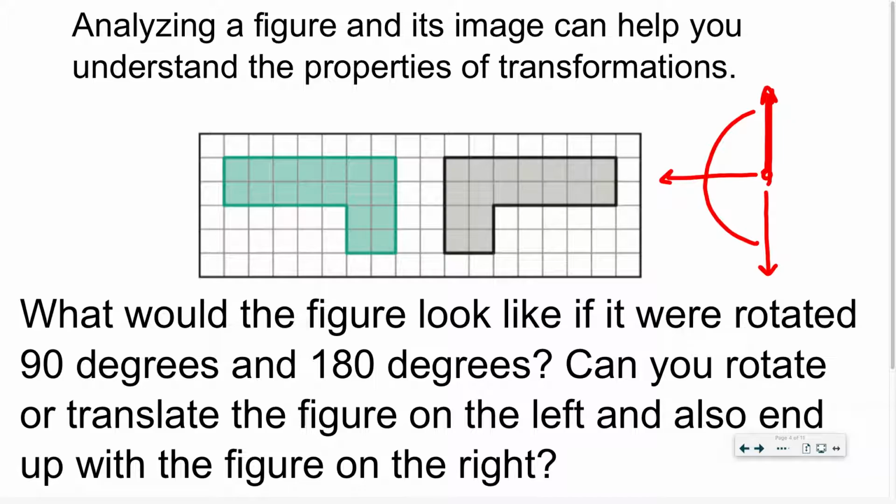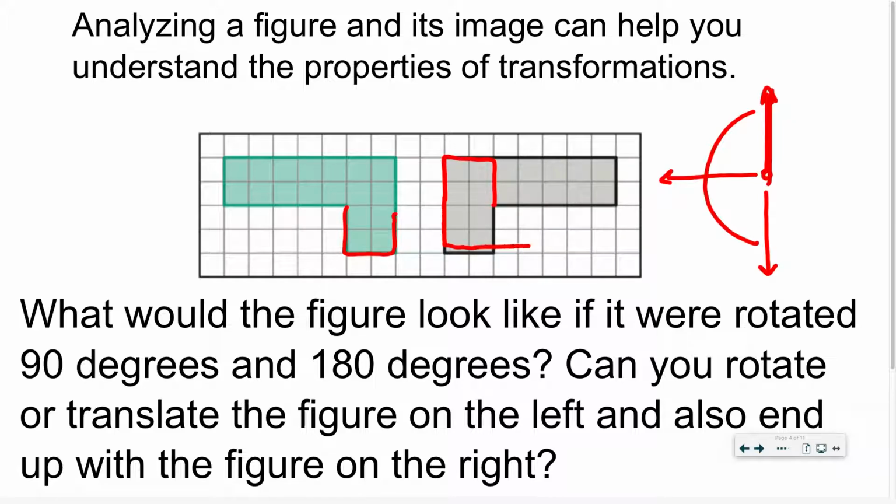What would the green figure look like if it were rotated? So right now we have this shape, right? What would it look like if you spun it in any direction? Michael? If you spun it 180 degrees, the thing that's sticking down would be up. Yeah, if you rotated this 180 degrees, then this part would actually be sticking up.